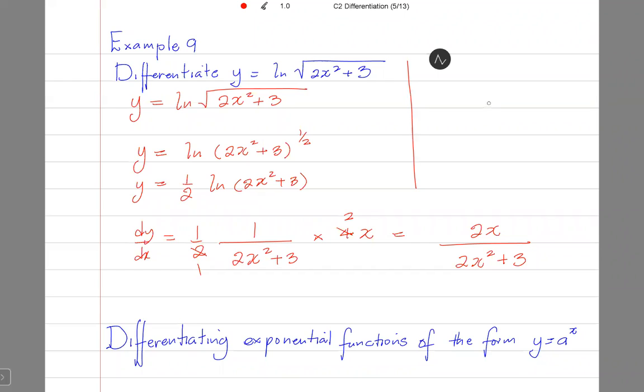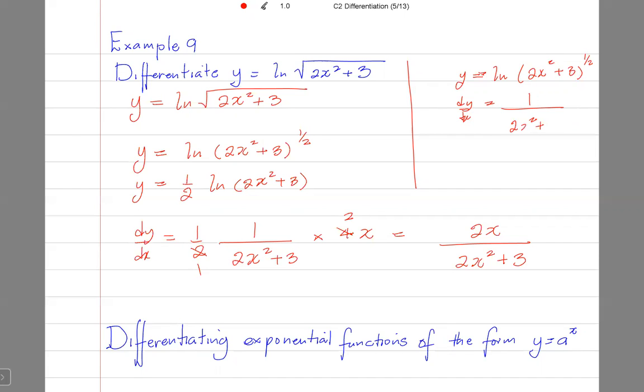Right, you said you kept the half. So you have y is equal to ln 2x squared plus 3 raised to the half. You kept the half there, or you brought it to the front? I kept the half there. All right, so dy by dx would be equal to 1 over 2x squared plus, no, this is going to make it super complicated.